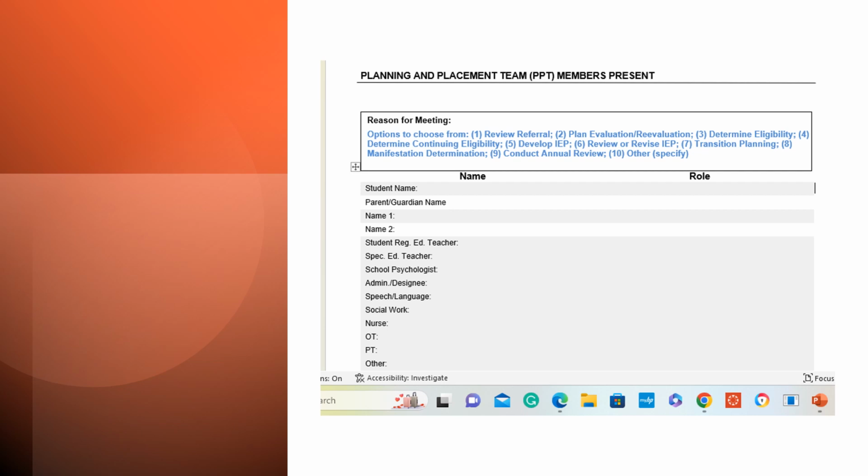Here would be Bethany's planning and placement team. So again, according to the new IEP, she would have her parents listed, her regular ed teacher, special ed teacher, and I would say a school psychologist.